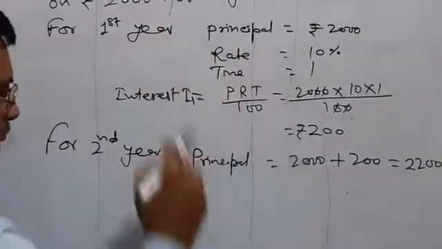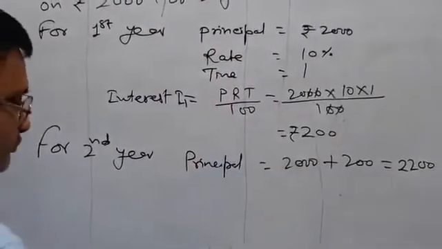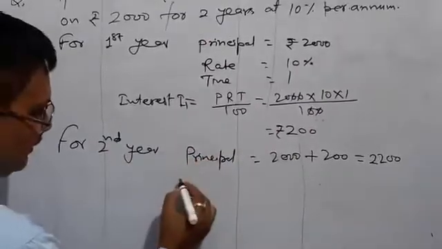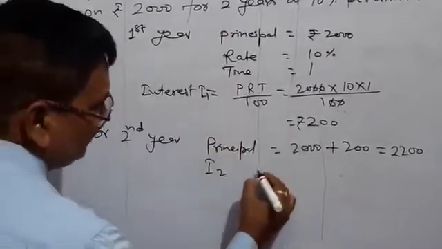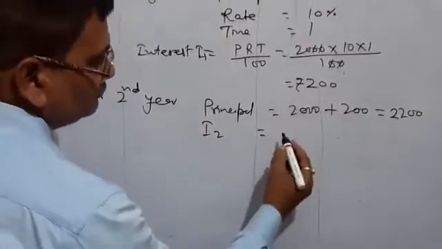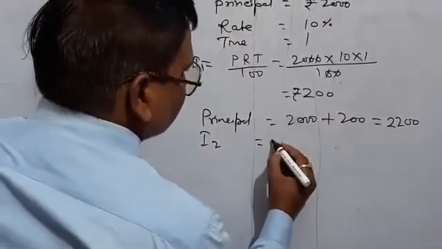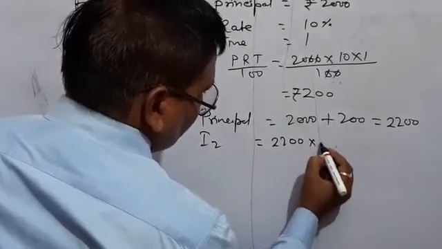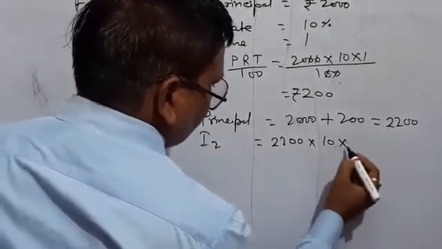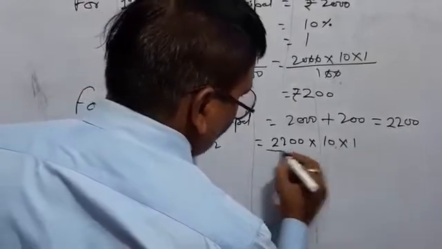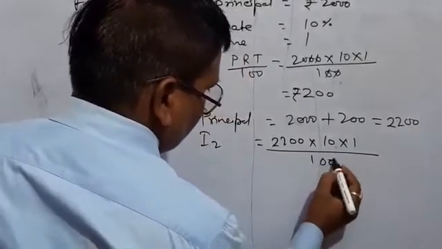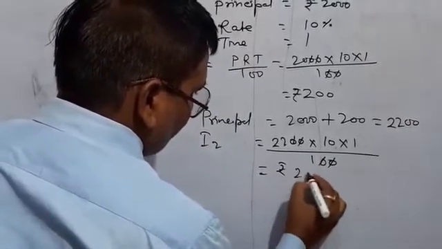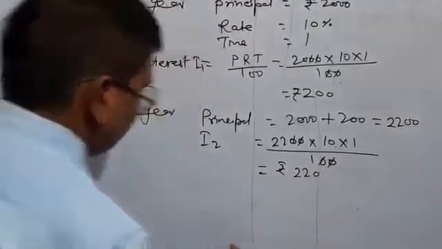Rate and time are the same, so for the second year I2 is equal to 2200 into 10 into 1 upon 100. You have rupees 220.